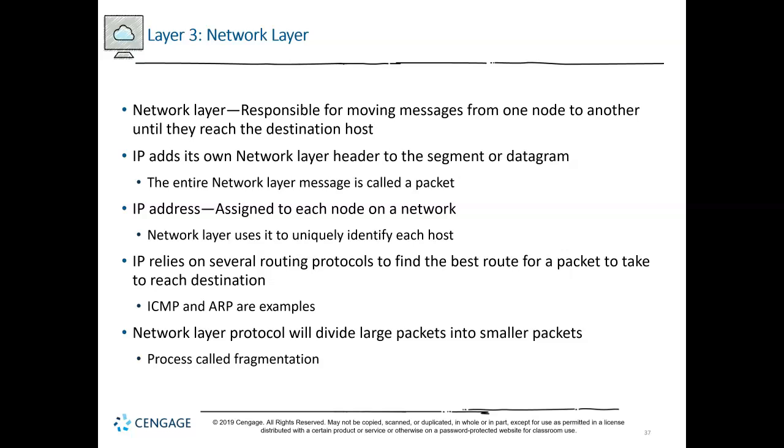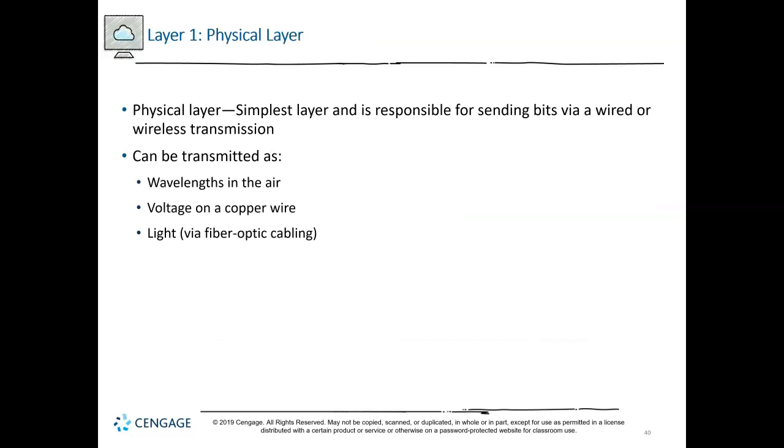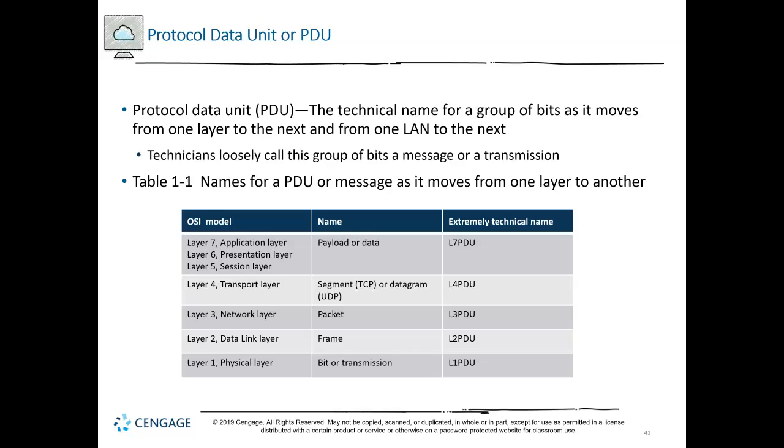This is one of the harder ones to think about and put in your brain. I will never ask you the extremely technical name. So with that original model, we take the data we want to send. Maybe we've got a video we're going to upload to TikTok, and we've got an app on our phone, and it sends it down to layer 4, the transport layer.